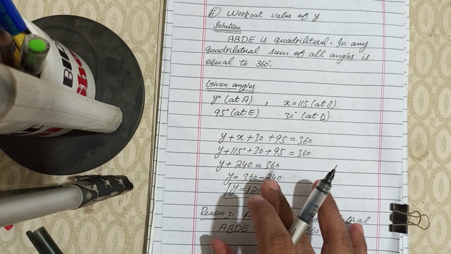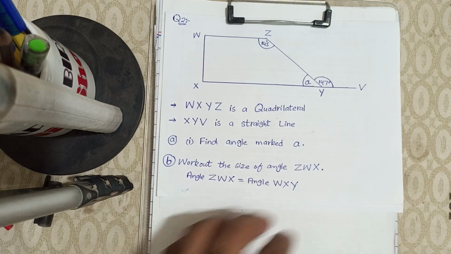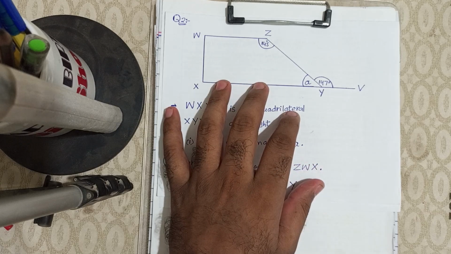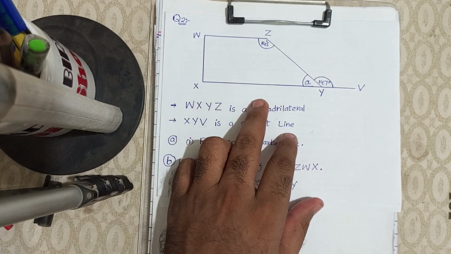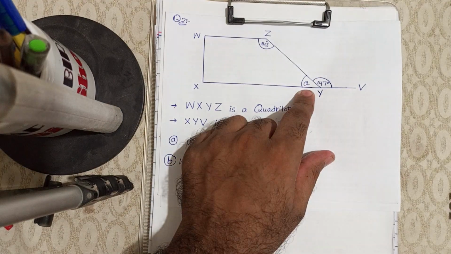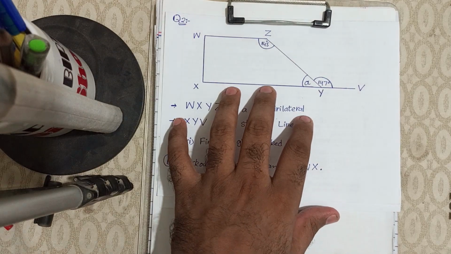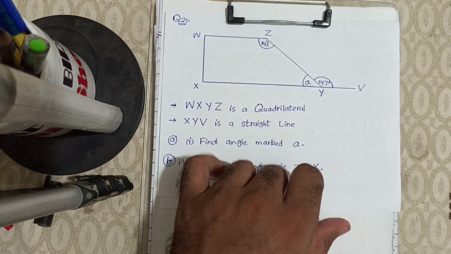So we complete question number 1 and move on to question number 2. Here is the diagram of question number 2. In question number 2, we calculate the unknown value of angle A. So we have this diagram.